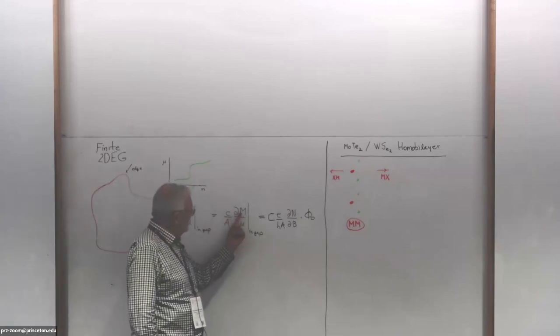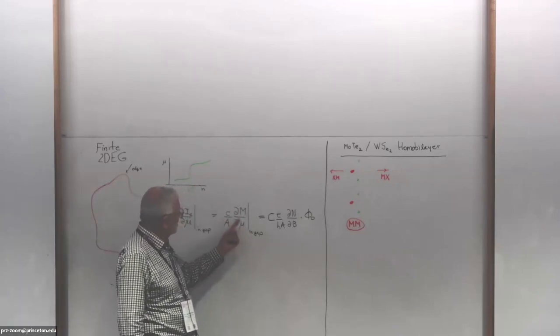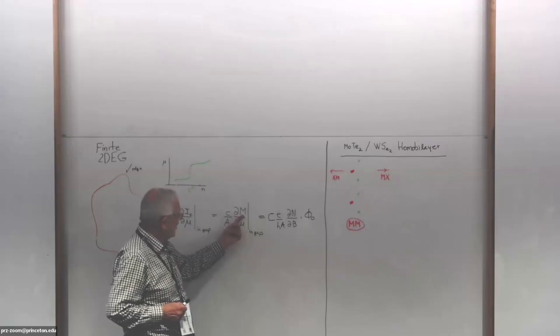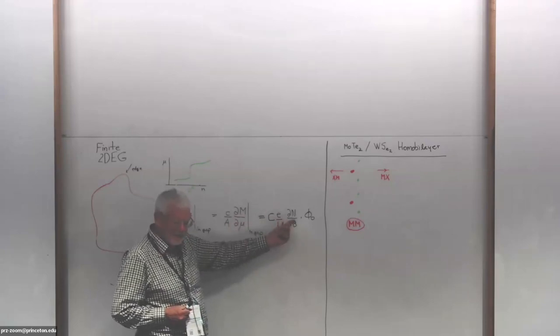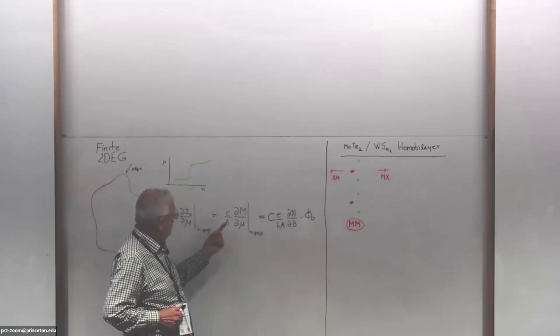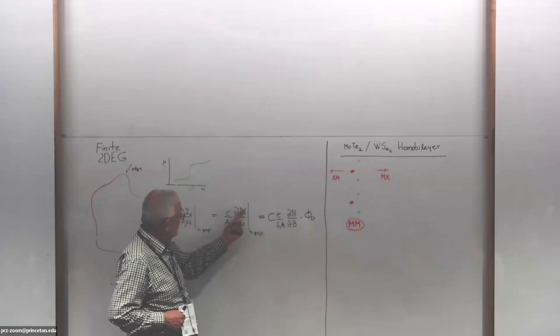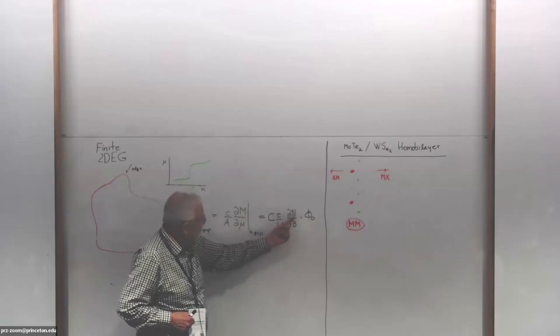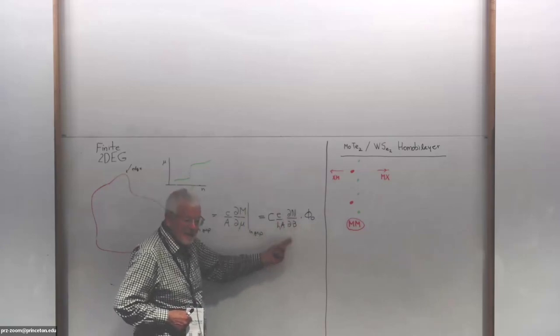And this quantity dM/dμ is, since M is the derivative of the Hamiltonian with respect to B, and n is the derivative of the Hamiltonian with respect to chemical potential, you can easily see that dM/dμ, not worrying about the constants here, is the same as dn/dB.